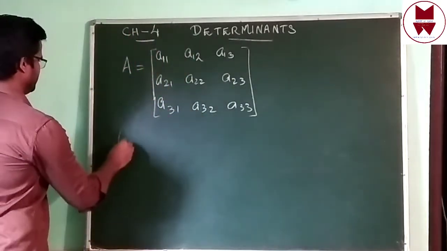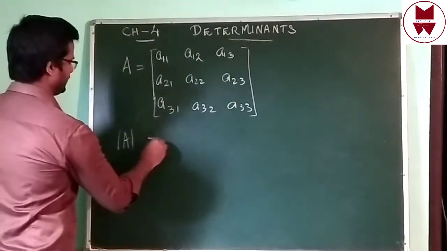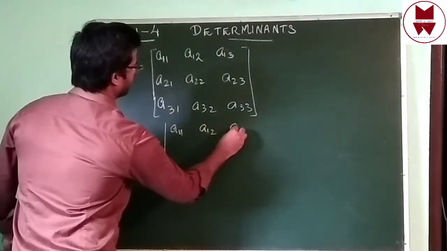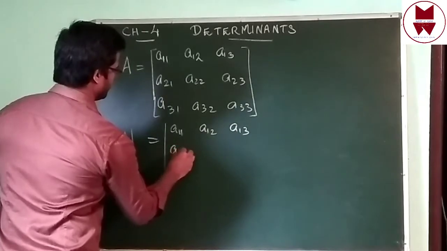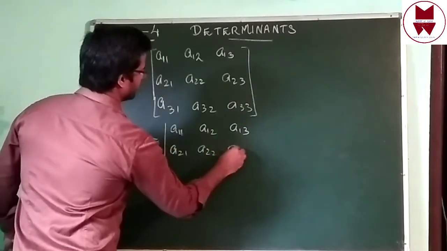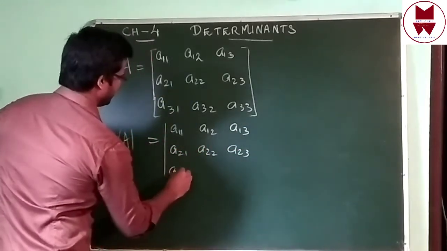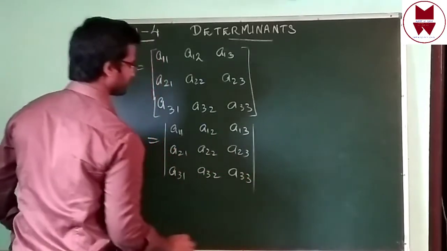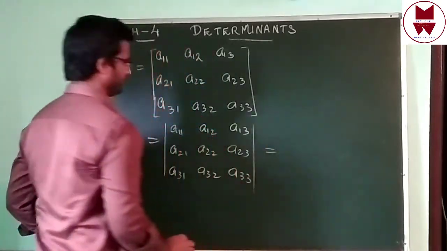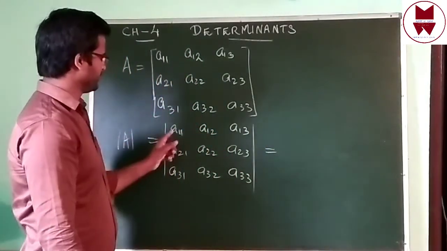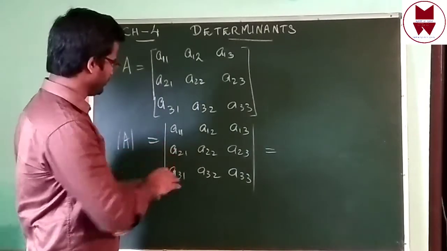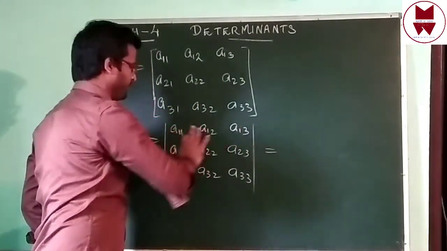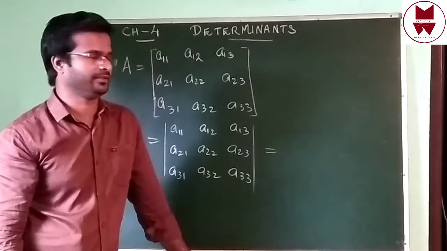We can write determinant A equal to determinant of A11, A12, A13, A21, A22, A23, A31, A32, A33 equal to, how can we find it? I'm going to use only the first row. Using the first row, we are going to find the determinant.